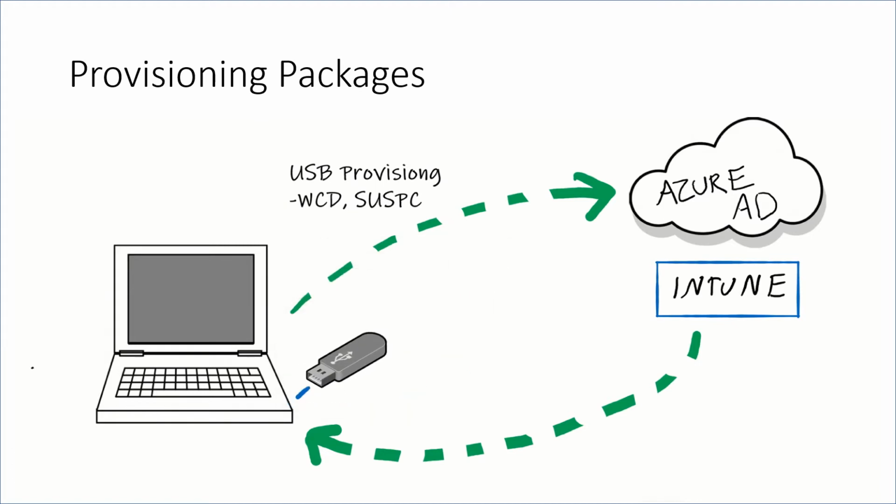When that package is created, it's put onto a USB stick, and that USB stick is inserted into the Windows 10 laptop at its first boot or out-of-box experience. That USB stick with the provisioning package gives the computer instructions to join Azure Active Directory and Intune. Intune then pushes apps and policies to the device.